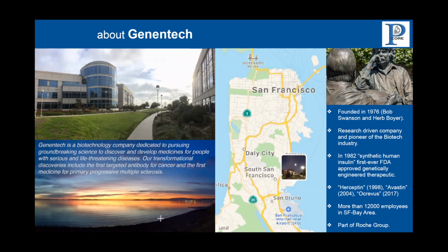At this time, it was human insulin. Then it made history again by having the first monoclonal antibody therapies against breast cancer with Herceptin and Avastin, and then another monoclonal antibody therapy against multiple sclerosis. We currently have more than 12,000 employees, and Genentech is now part of the Roche Group.